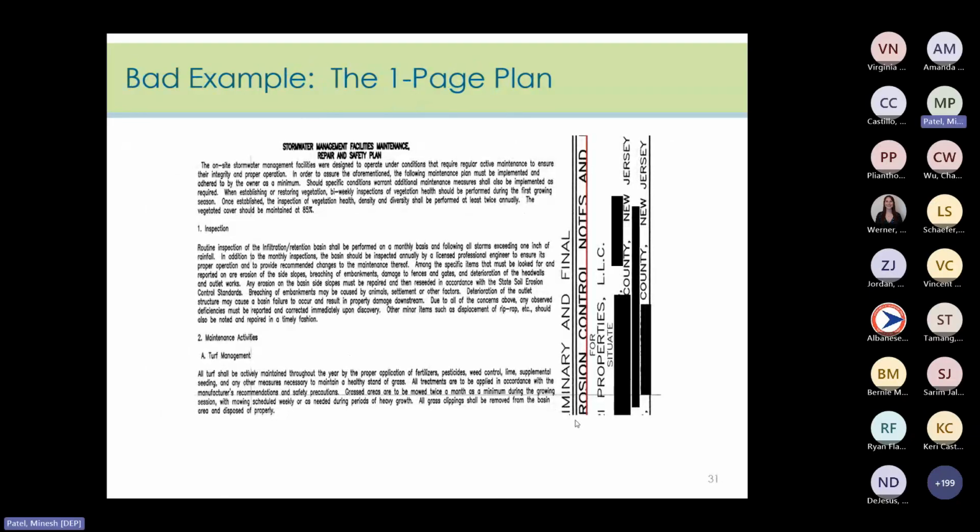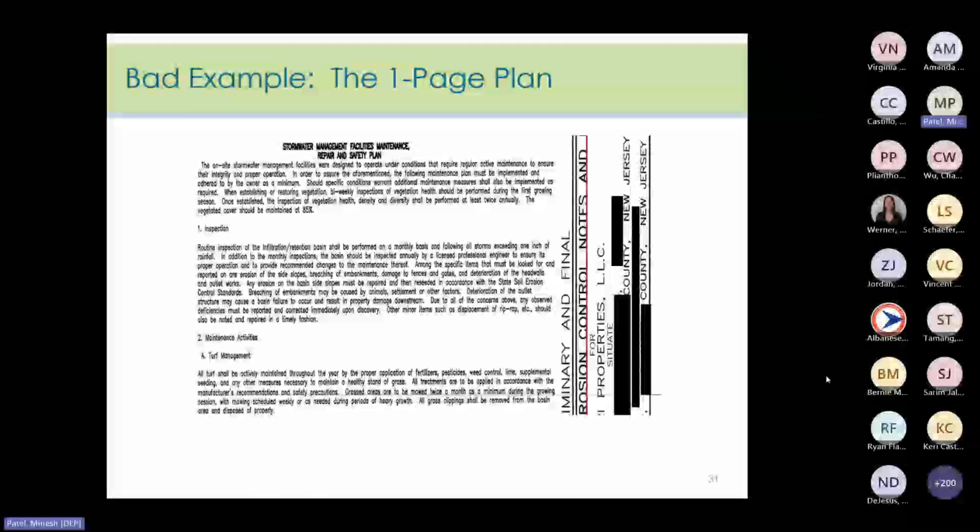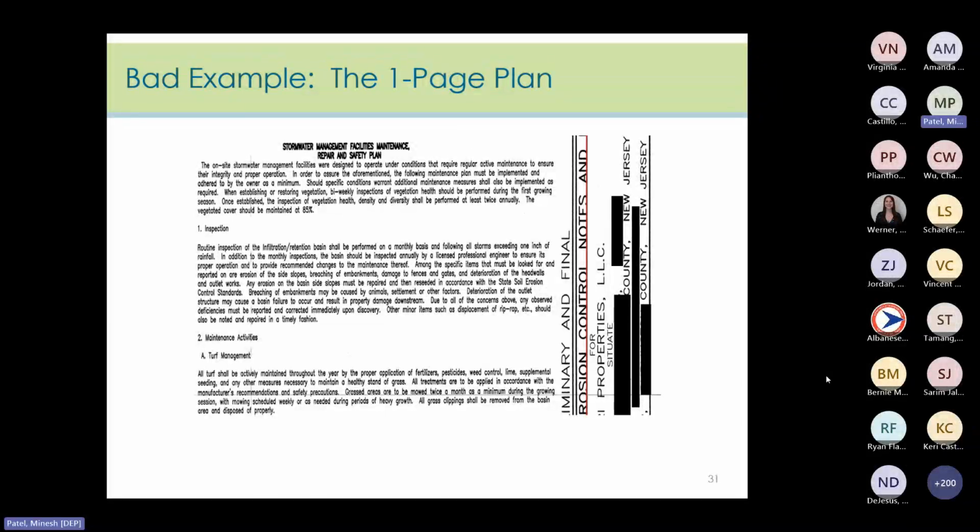Now, let's look at some bad examples here. If the stormwater management plan consists of a single sheet or is part of a plan sheet, this is a real red flag for the reviewer. Remember, the rules require schedules of the various types of maintenance tasks, an equipment list, cost information, along with a logbook to record the actions performed.